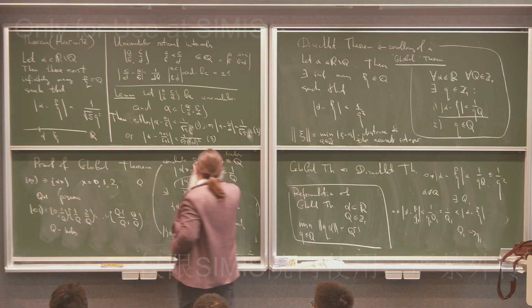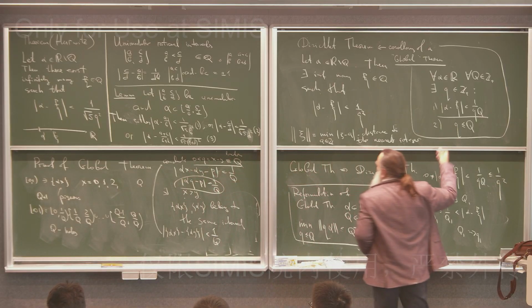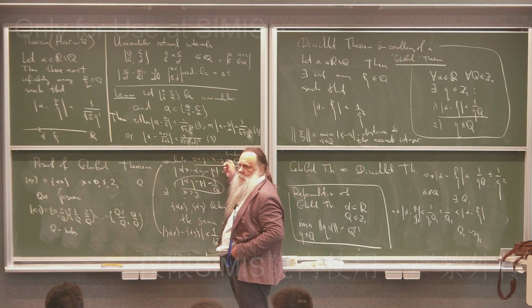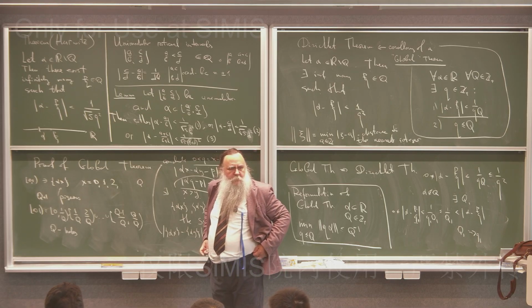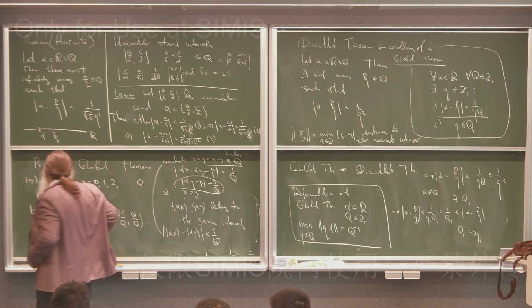And considering this, we immediately get the second statement, because here we just say that q is positive and less than Q. So by the pigeonhole principle, we proved everything.